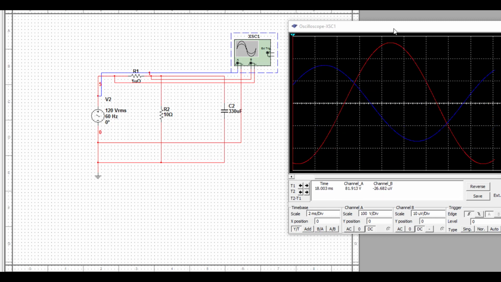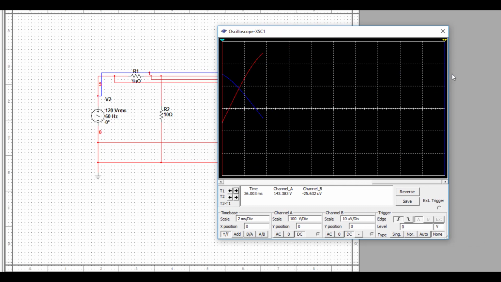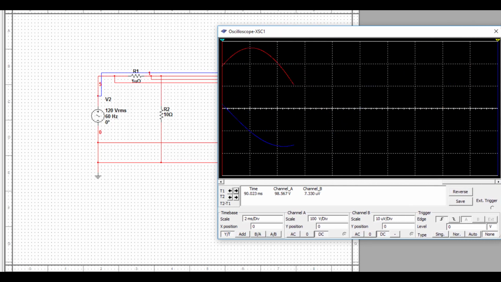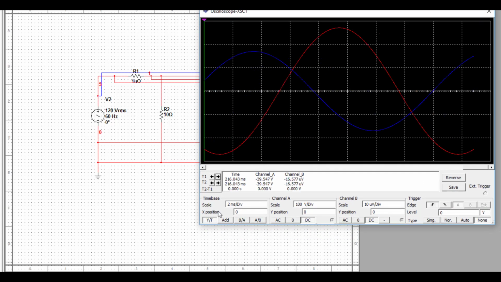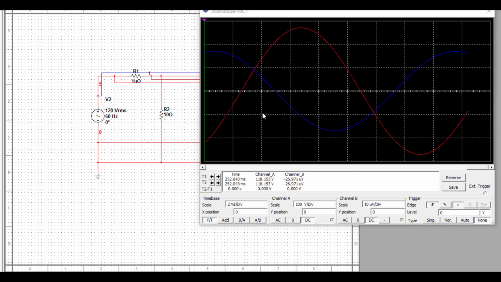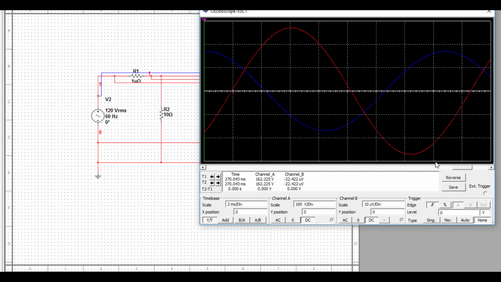So if I just start up this oscilloscope display here, what it means is we can take a look at the time displacement like we've been used to in order to determine the actual phase shift. So I'm just going to pause that there, and we know that we've got a leading current here, right? We can see the current leading the voltage, and we can see the red is the current and the blue is the voltage.